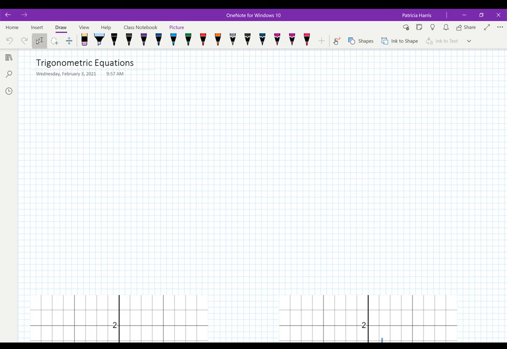Okay, so we know that sine, cosine, and tangent are functions.